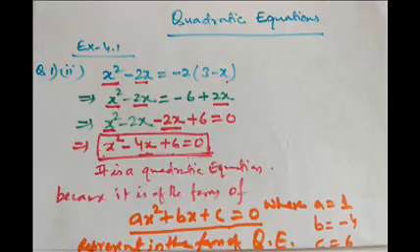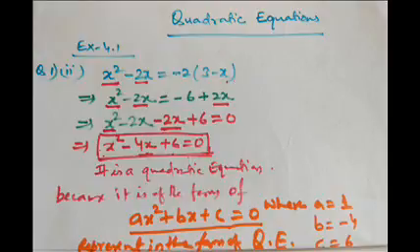If it is of the form ax square plus bx plus c is equal to 0, we need to convert those expressions into the form ax square plus bx plus c is equal to 0. As you see, x square minus 2x is equal to minus 2 into (3 minus x), in brackets.